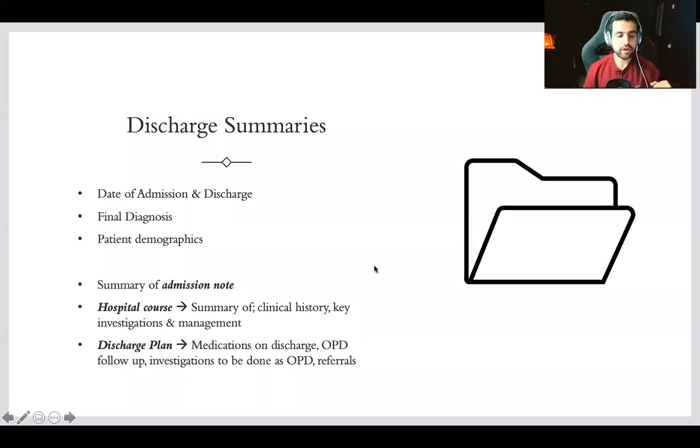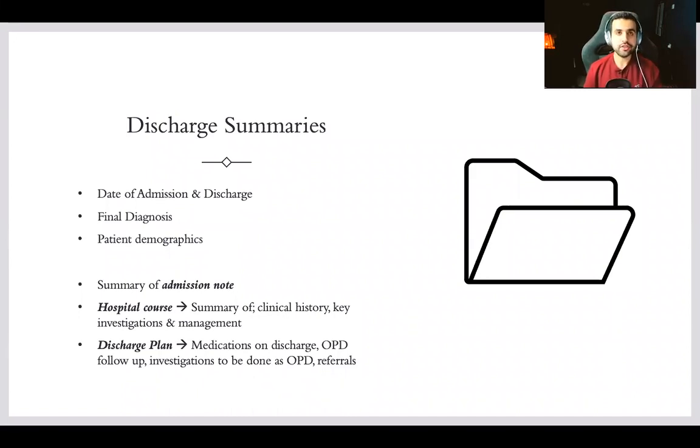After you finish your active issues and all the sub details there, then comes the discharge plan. The discharge plan is your consultant's or the team's plan for this patient. It basically includes the medication that this patient will be on after going home, and what kind of labs and investigations, whether blood investigations or radiological investigations, you require them to do afterwards.